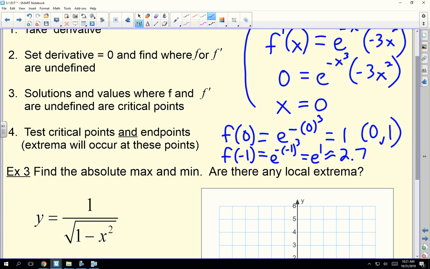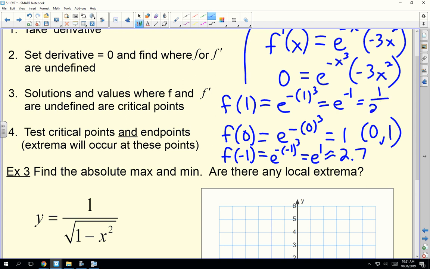Sorry about this, I ran out of room here. Here it is, f of 1. And f of 1 is equal to e to the -1 cubed, which is equal to e to the -1, which is about 1 over 2.7, or about a third, about 0.3. How about that if you want a decimal to go with it? So, looking at those 3 possible points, what is the absolute max?